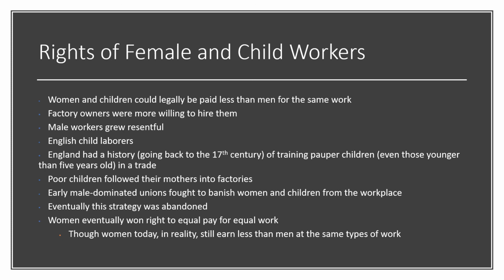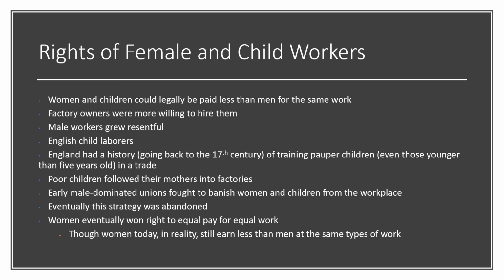Regarding the rights of female and child workers, women and children could legally be paid less than men for the same work, and factory owners were more willing to hire them. This made the men rather resentful, especially towards the child laborers. England had a history going back to the 1700s of training pauper children, even those younger than 5, in the trade. Poor children would follow their mothers into factories.